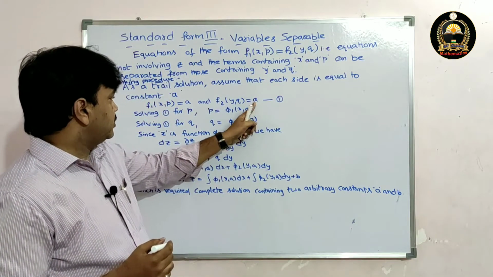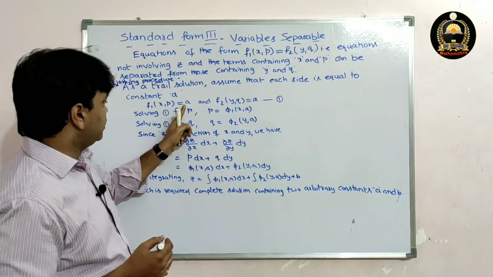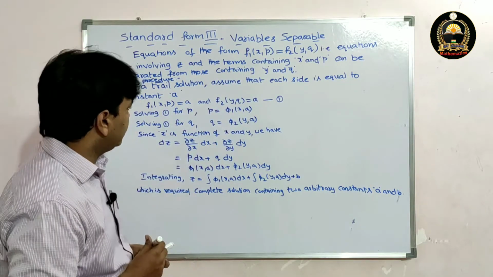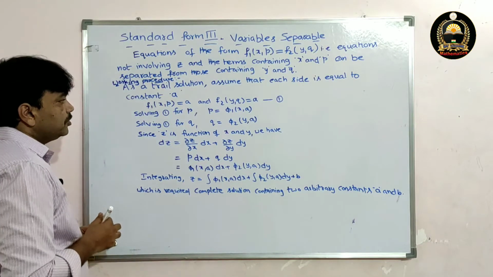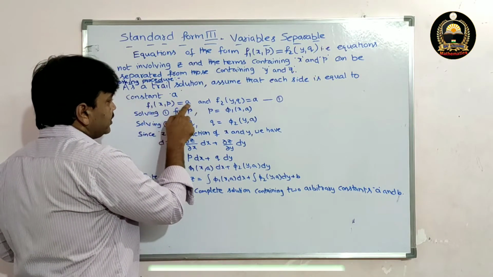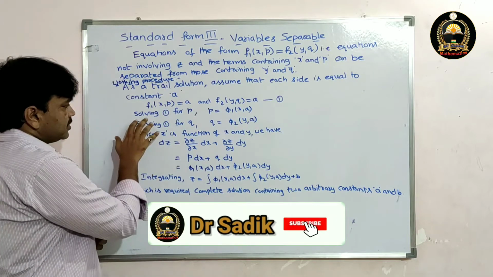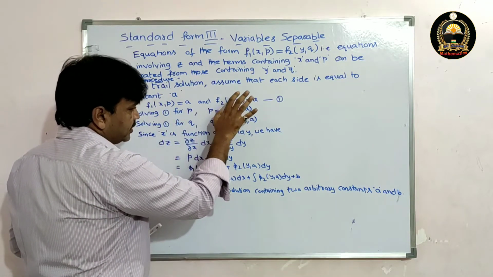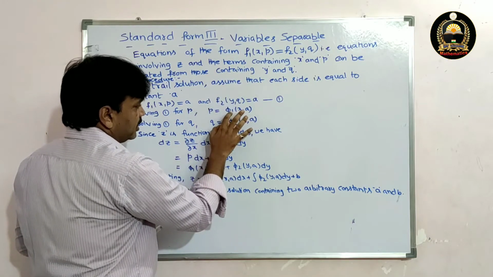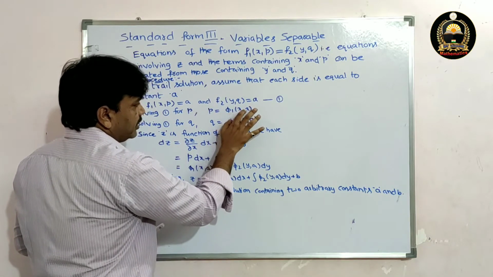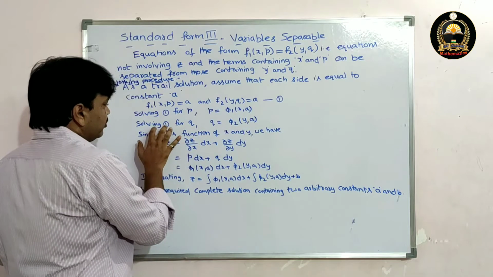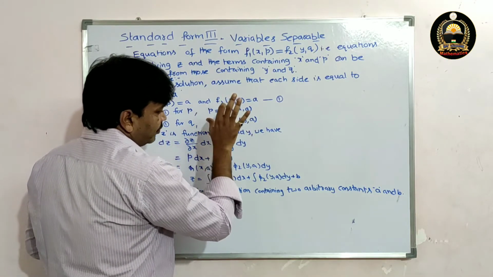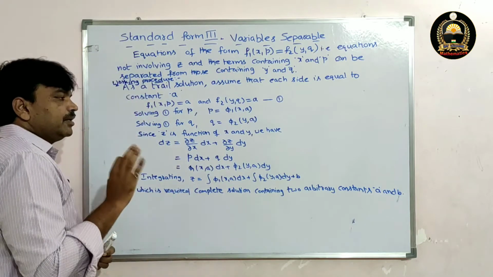So f1 of x comma p is equal to a and f2 of y comma q is equal to a. Now write p in terms of x and a: solving for p, we get p is equal to phi 1 of x comma a, and solving for q, we get q is equal to phi 2 of y comma a.